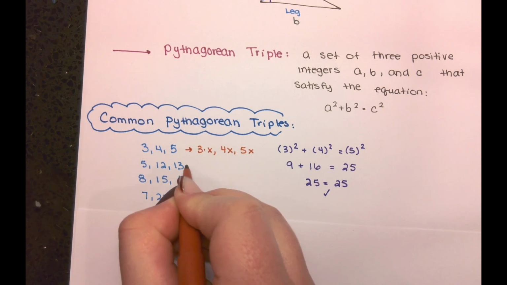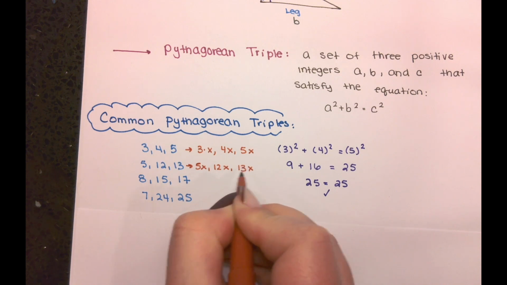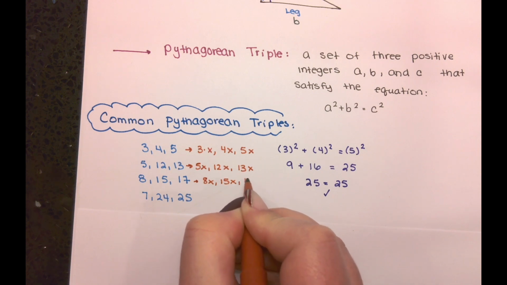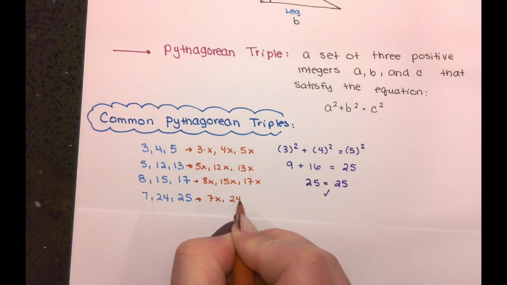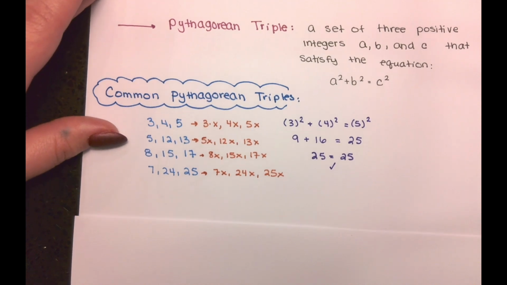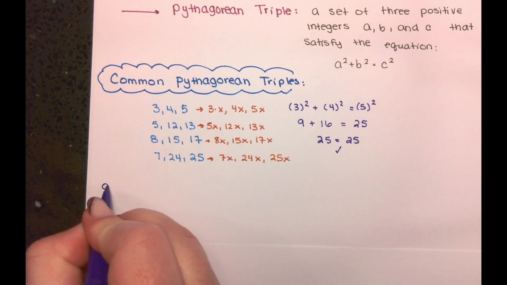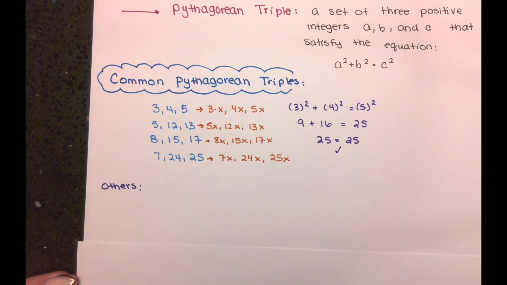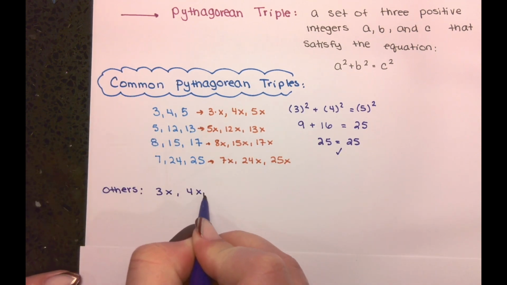We can have 5x, 12x, and 13x. We can have 8x, 15x, and 17x. And we can have 7x, 24x, and 25x. So for example, let's try to find a different Pythagorean triple. Since we did the 3, 4, 5 Pythagorean triple, I'm going to stay with that. And so let's take our 3x, 4x, and 5x.